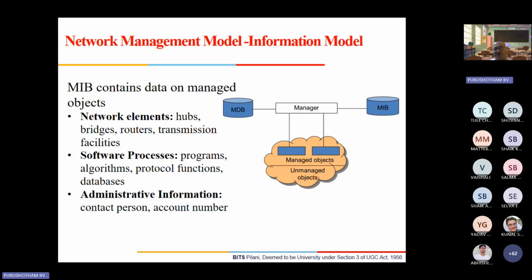Software processes, basically programs or algorithms or protocol functions and databases, are called the software. Now, to be managed, you need to have administrative information, that is the contact person and account number, called the administrative information.